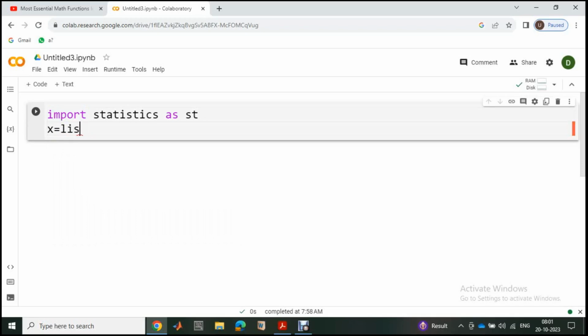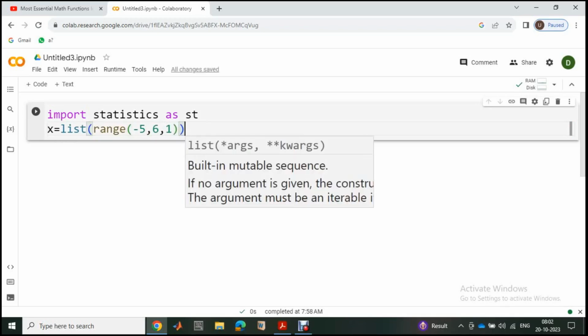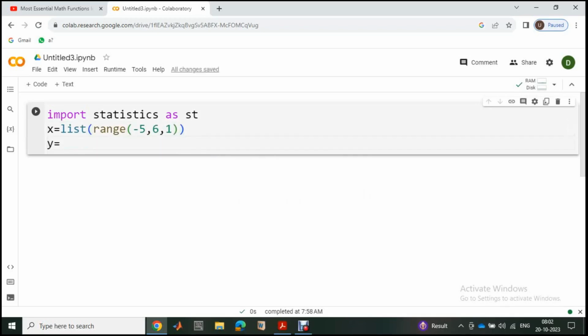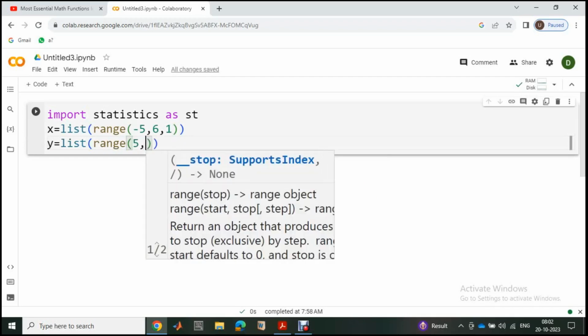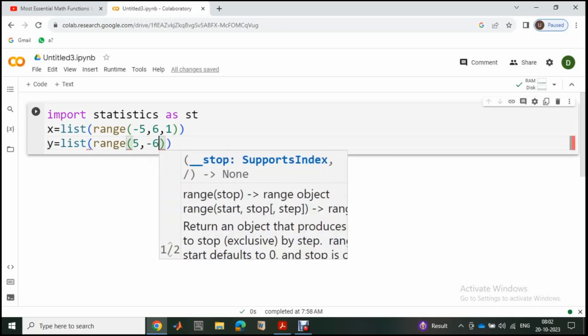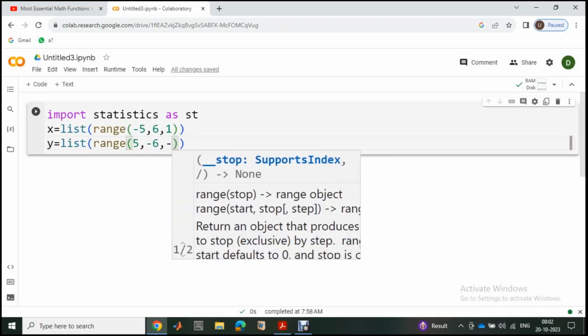I will take x equal to list of range of -5 comma 6 comma 1, and another sample, y equal to list of range of 5 comma -6 comma -1.